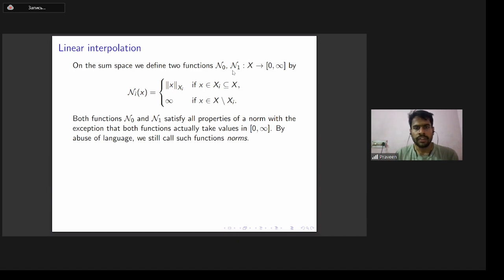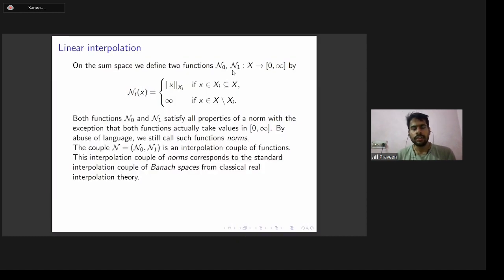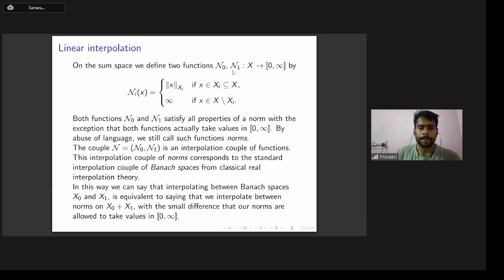So when we interpolate between these two functions, the effective domain of the resulting interpolation function is equal to the classical linear interpolation space between the pair of Banach spaces. In this way, we can say that interpolating between Banach spaces X0 and X1 is equivalent to interpolating between their norms on the sum space X0 plus X1, with the small difference that our norms are allowed to take values in the closed interval 0 to infinity.